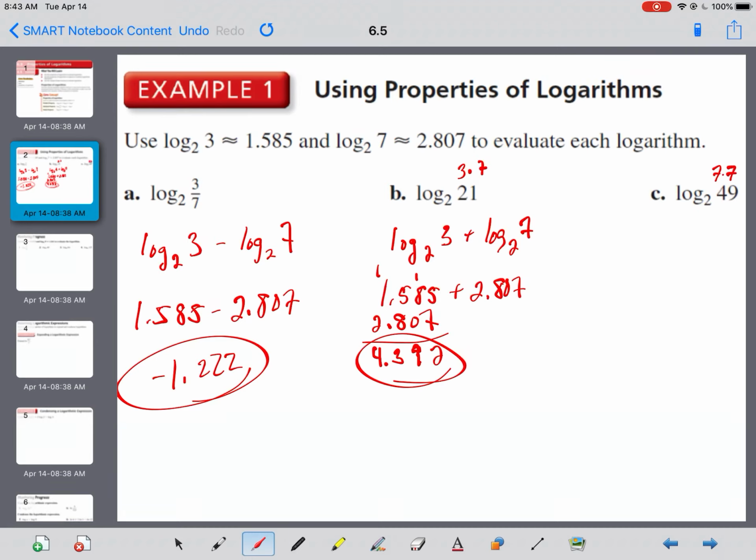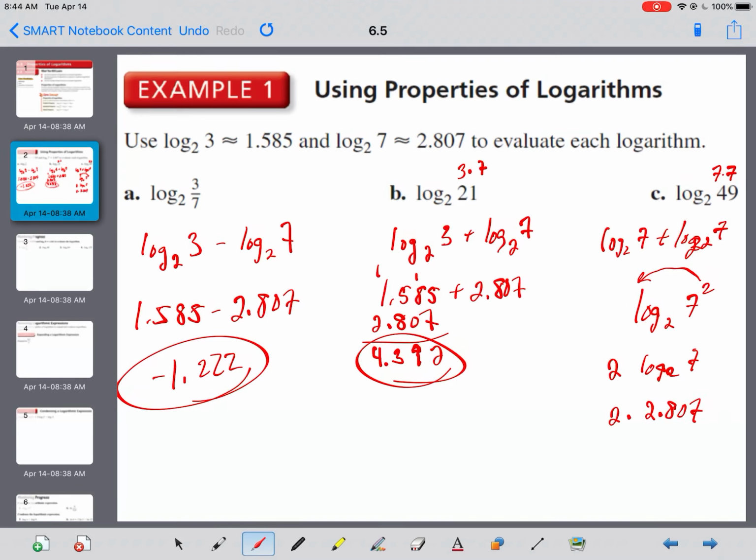Log base 2 of 49. We can do this one a couple of ways. We could say 49 is 7 times 7, which would make it log base 2 of 7 plus log base 2 of 7. But we could also say that it's log base 2 of 7 squared. And we can pull that 2 out in front and say it's 2 times log base 2 of 7.